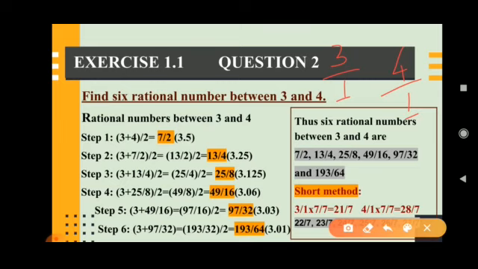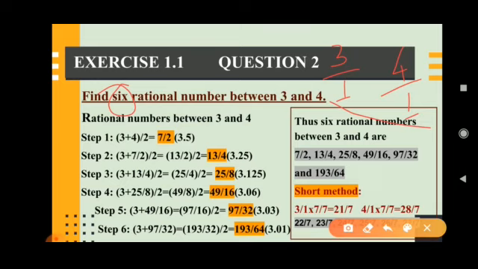So first write 3 and 4 like this, 3 by 1, 4 by 1. Now how many numbers did they ask? 6. The total rational numbers we have to find is 6. Every time, if they give a particular number to find, just increase it by one. Here 6 means we have to take 7.